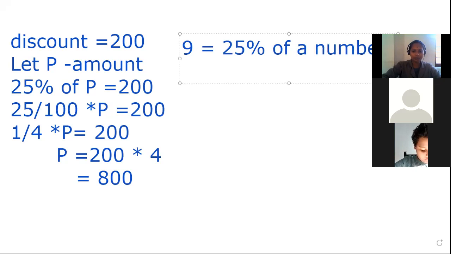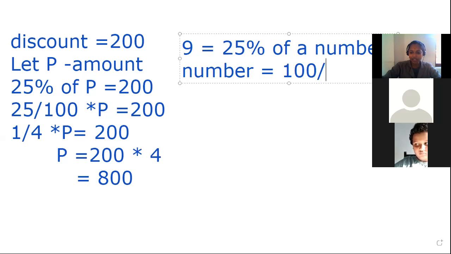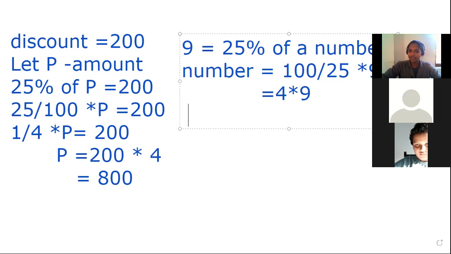That's why the number is equal to 100 by 25 into 9. 100 by 25 means? 4. That is 4 into 9. 4 into 9 is 36. So, which is the number? The number is 36.